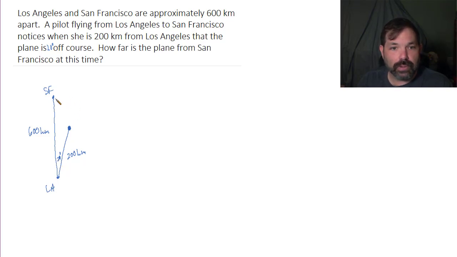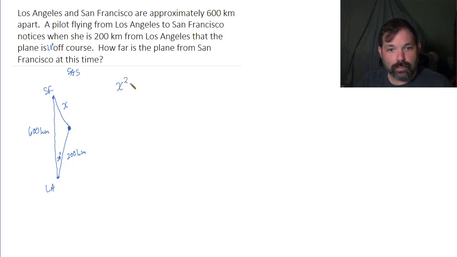200 kilometers is how far she's flown, 20 degrees off course. How far is the plane from San Francisco? We want to know this distance. Let's just call it x. If we look at what we have here, we have two sides of the triangle, we need the third side, and we have the included angle. We have the side angle side situation. So we can apply the law of cosines.